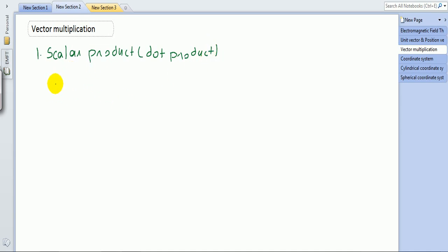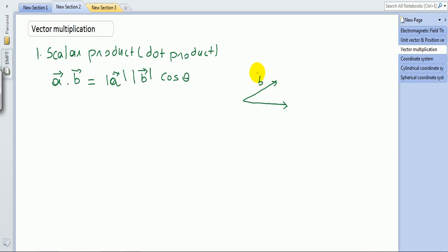If there are two vectors, suppose a vector dot b vector, then the dot product of a vector and b vector will be the a vector magnitude multiplied with the b vector magnitude multiplied with the cos of the angle between them. Suppose these are my two vectors.